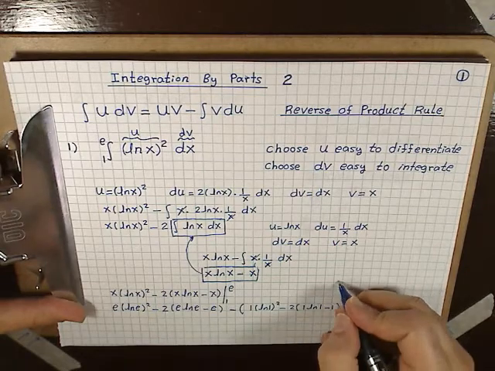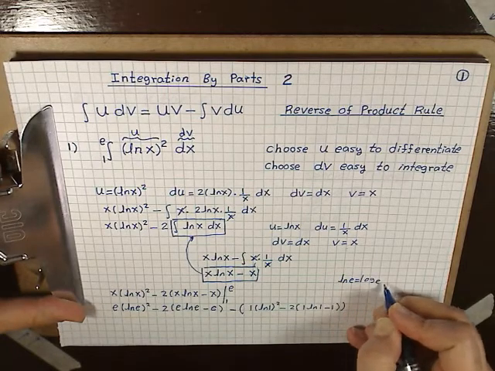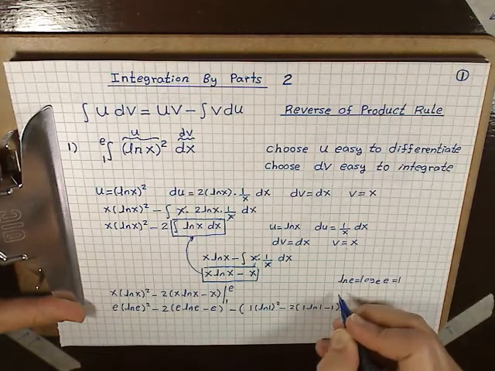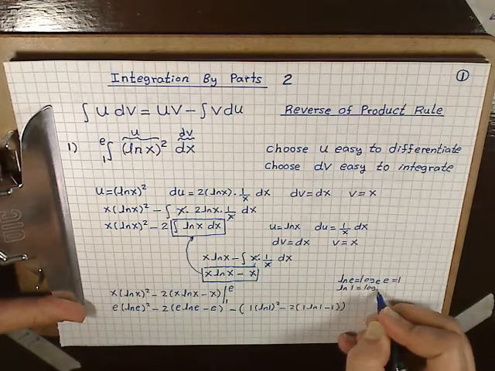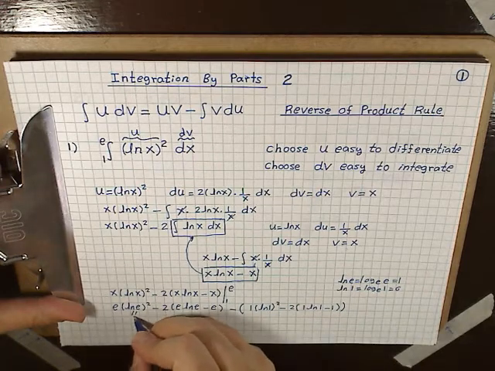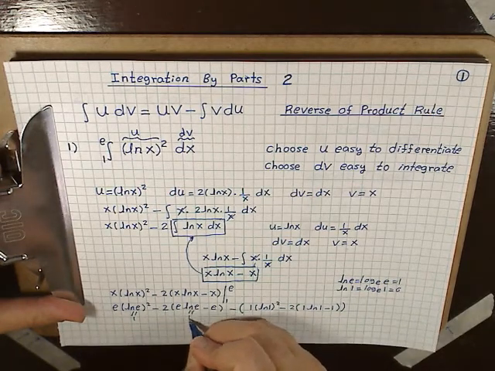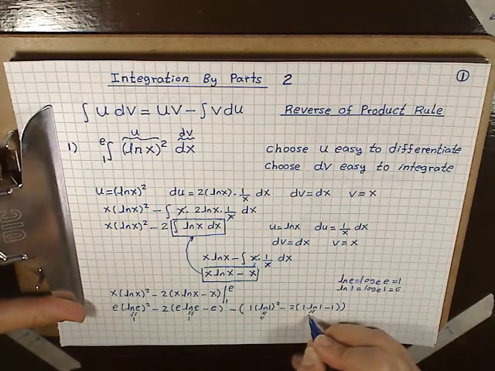Now ln of e, that's log to the base e of e, that's just 1. ln of 1, that's log to the base e of 1, that's 0. So these are 1, and ln of 1 is 0.